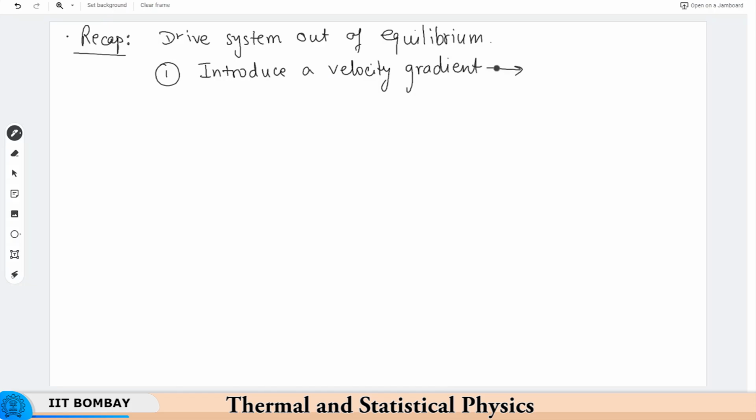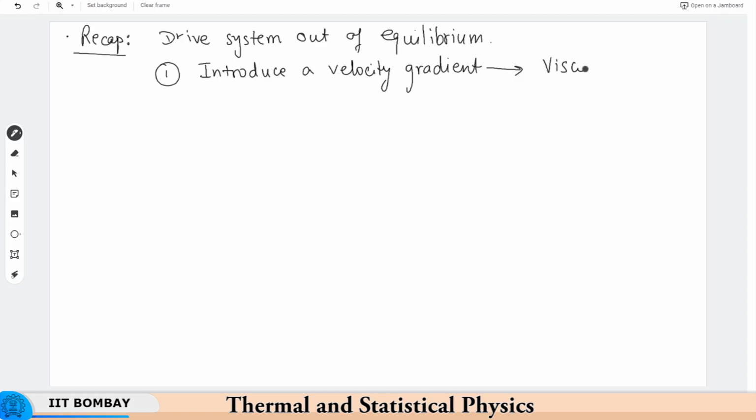Basically what we did was we created a situation where molecules along certain axes had a gradient in their velocity, the magnitude of the speed, essentially the magnitude of the velocity, and we saw that in such a situation there will be a net transfer of momentum towards the gradient axis, and from that we defined a transport property which we called the coefficient of viscosity.